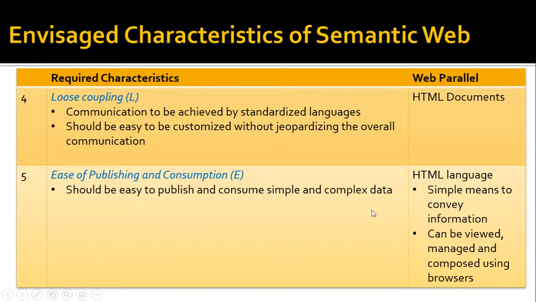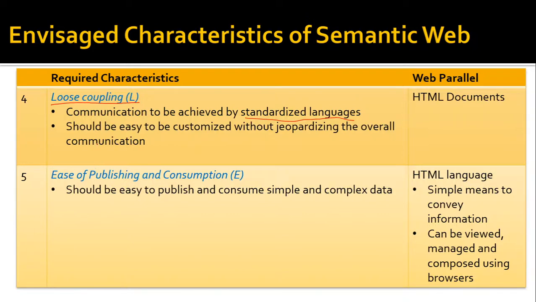So the fourth characteristic that we want to have is a loosely coupled implementation, right? So here we want to have communication that is facilitated by a set of standardized languages, right? And even now, if you have standardized languages, it might so happen that for an organization, this particular language is not sufficient and they want to put in some more elements while describing their resources in this standardized language.